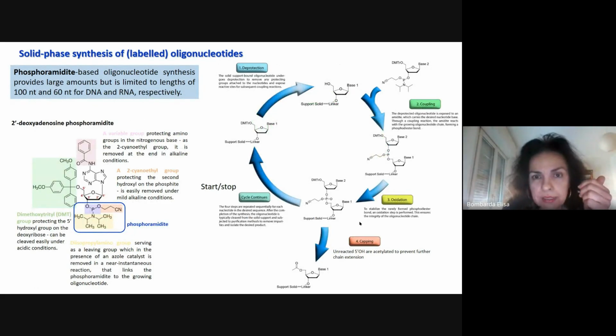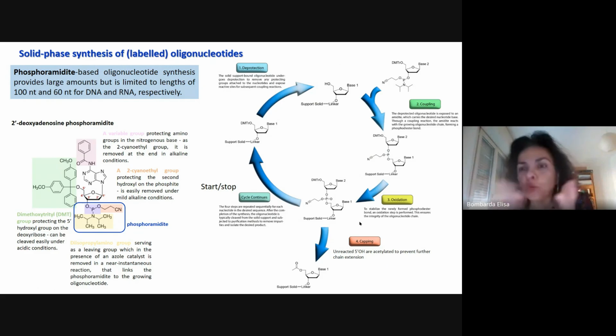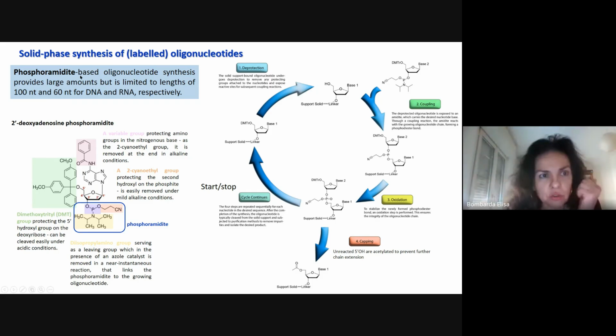So, as we said, we have to introduce them, and there are two major methods how to do it. So one is a chemical method, so solid state synthesis. So here we have the major steps involved. So how it works in few words.